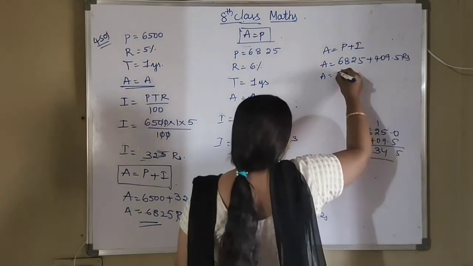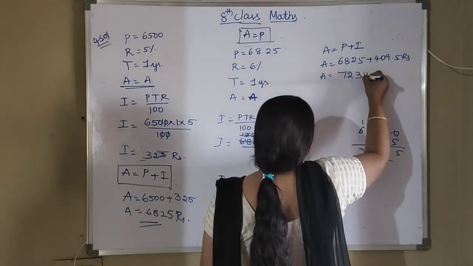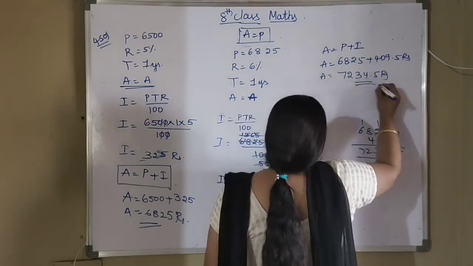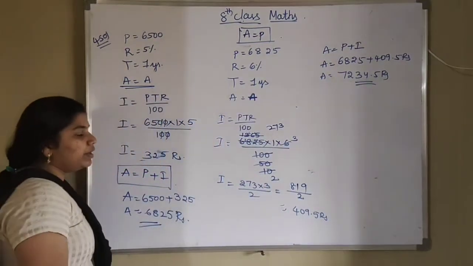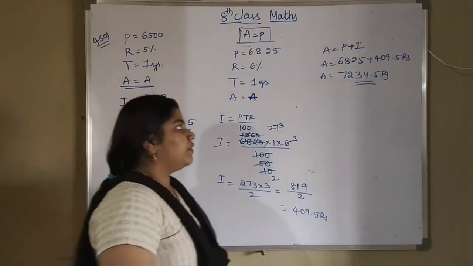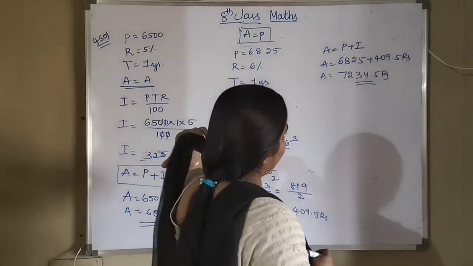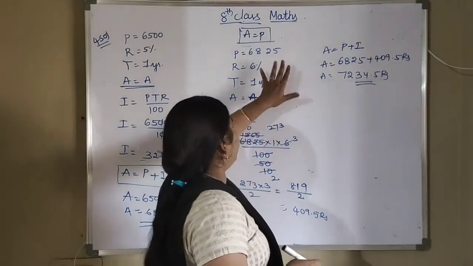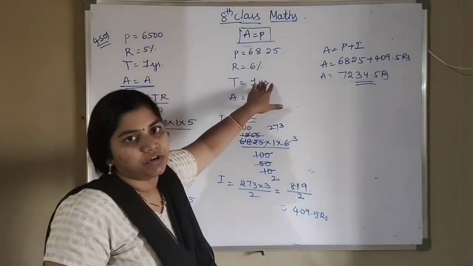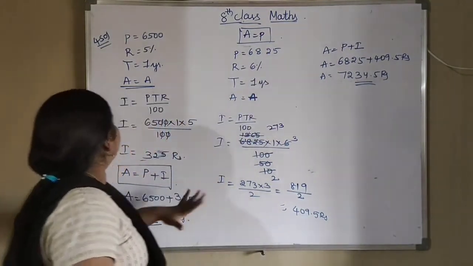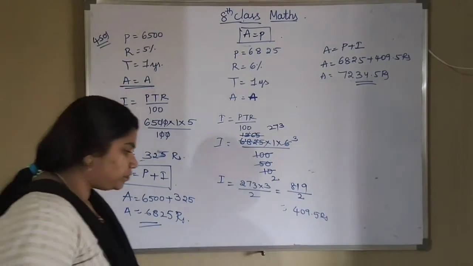So it will be 7,234.5 rupees. So if the principal is 6,825, the amount will increase to 7,234.5 rupees if the rate of interest is 6% and the time is the same, 1 year. So this is our fourth solution.